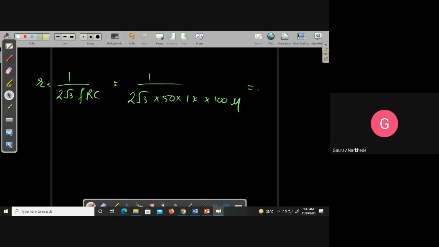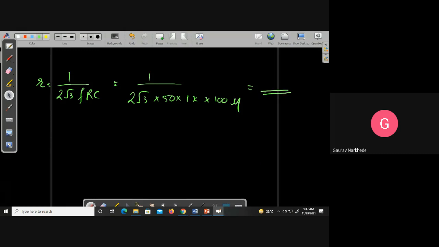Okay, I will say a very good observation on this, right? So what is ripple factor? 1 upon 2 root 3 FRC. So 1 upon 2 root 3, 50, 1K, 100 micro. So has anyone calculated this value?